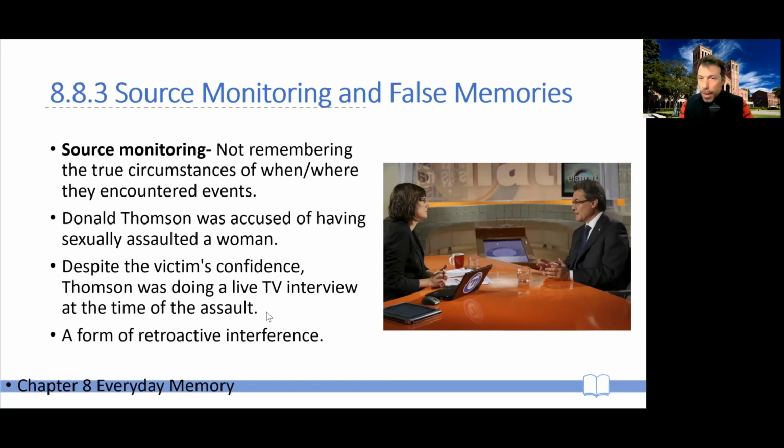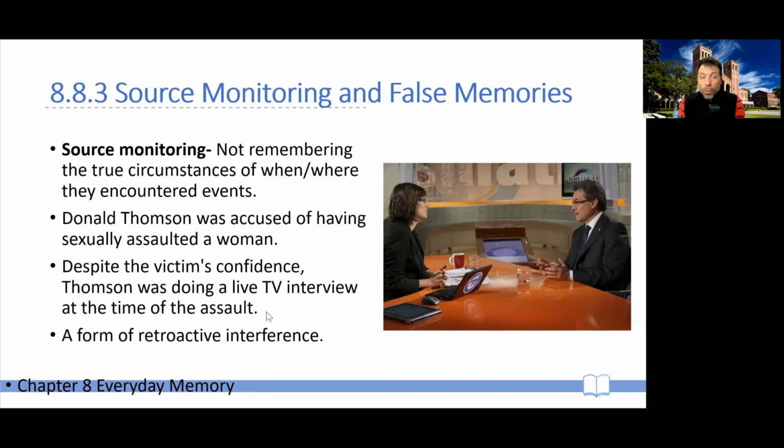So this is another form of retroactive interference. She clearly saw him, but because of source monitoring, she couldn't remember the circumstance in which she saw him, and by interference, he ended up in a different memory. Effectively, he was implanted in the memory. Her memory for the event got retroactively changed.